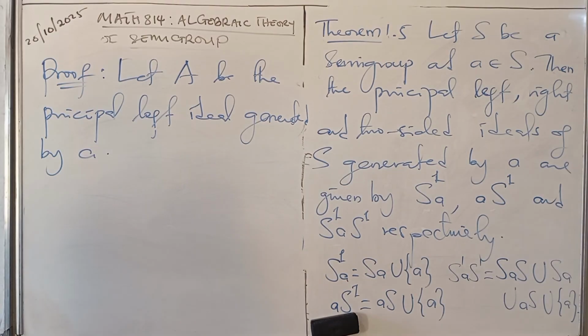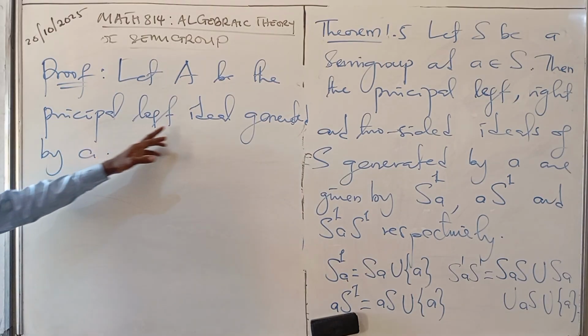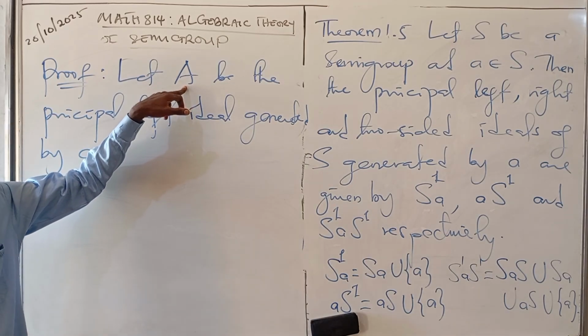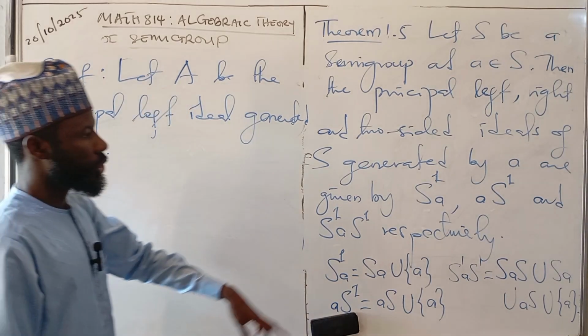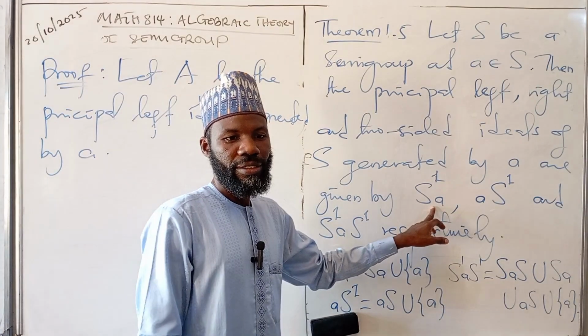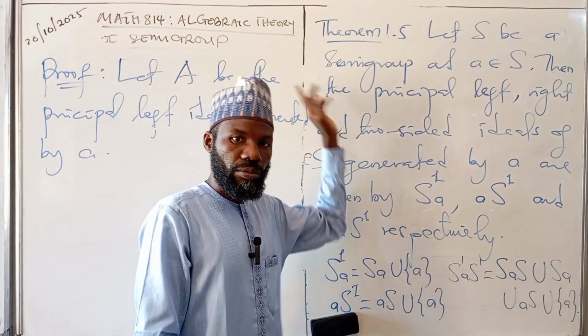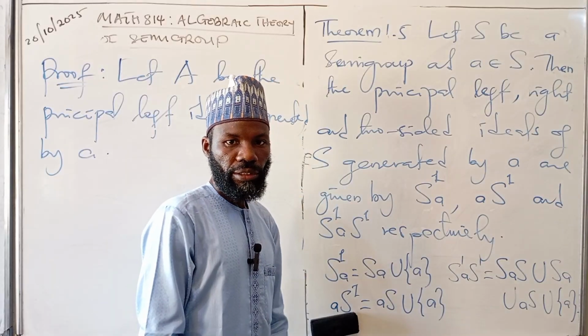By the very definition of the principal ideal generated by A, this is the smallest left ideal containing A. So if I can show that S^1 A is an ideal and it contains A, then it must contain this capital A over there.